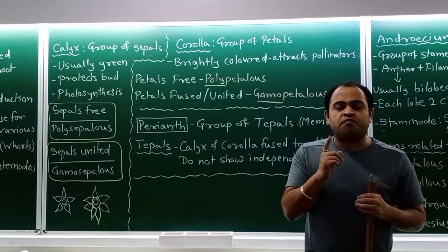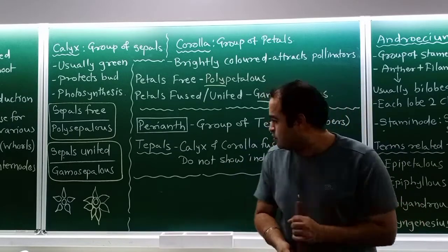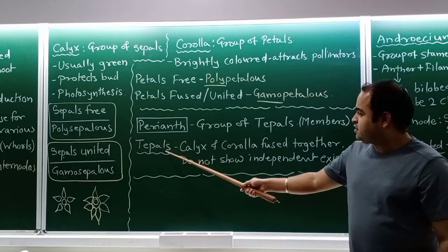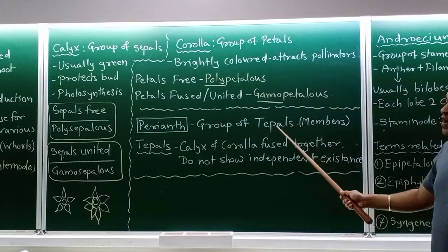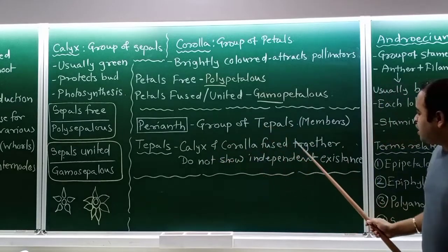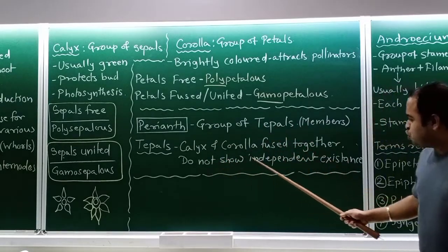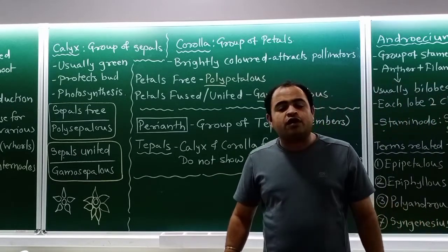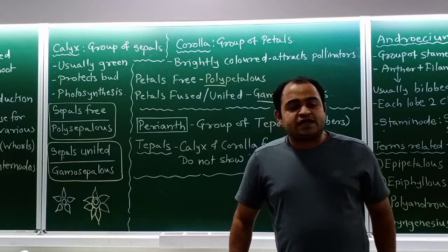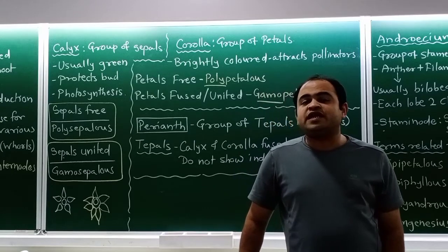An individual member of perianth is called a tepal. So these are the members actually. Calyx and corolla are fused together and do not show independent existence, similar to only calyx and only corolla, they never show their independent existence.